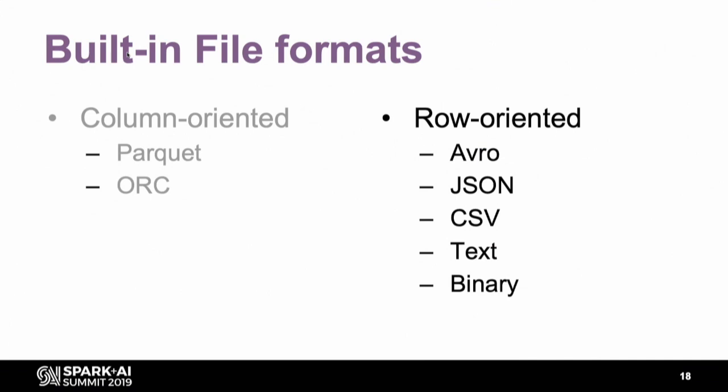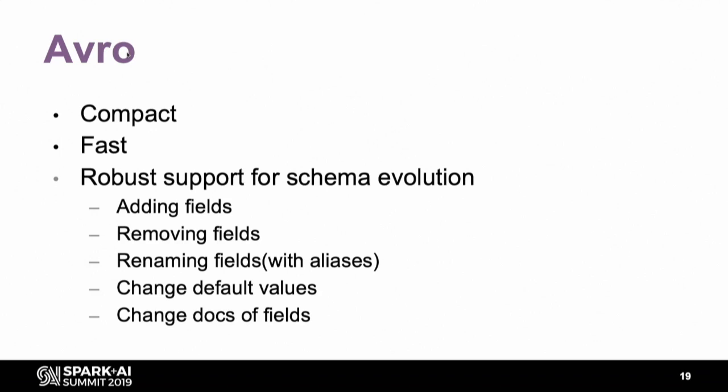Now we know the structure of Parquet and ORC and how these formats are optimized for reading. Next, I will introduce the row-based formats. Avro is a compact and fast serialization format.